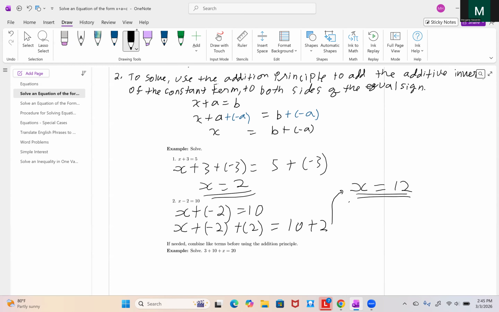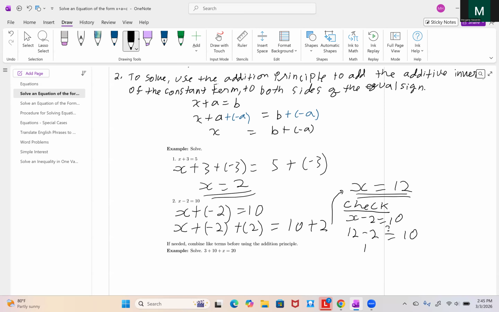Let's check. We go through the process of checking. We replace x by 12 in x minus 2 is equal to 10, and we put a question mark.